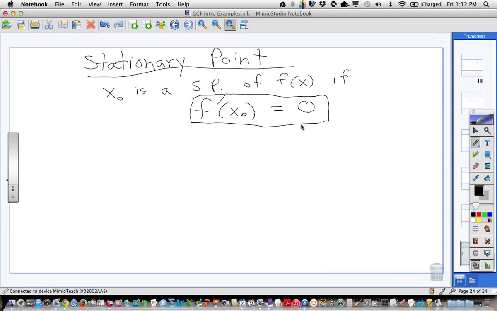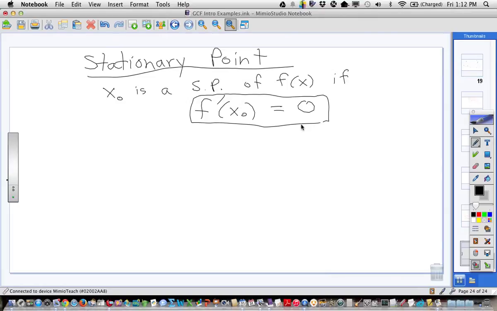That makes sense because stationary makes you think of not moving. We've used f prime as velocity, and when the velocity is 0, the car is certainly not moving. It is stationary, like at a turnaround point, like at a local max or local min.